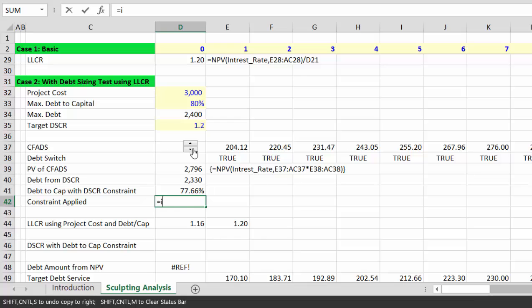So we can put if this is less than the thing, then the maximum, then we can put DSCR. Otherwise, we'll put debt to cap.